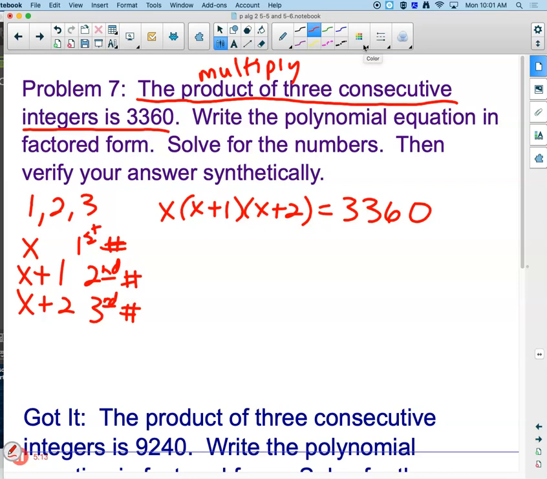So the first part of this was write it in factored form. Done. Now, solve for the numbers. Well, if I want to put it in the calculator, and I'm going to have to verify it synthetically anyway, I would want to multiply that out and see what it is. So I would do FOIL on these two little buggers right here.